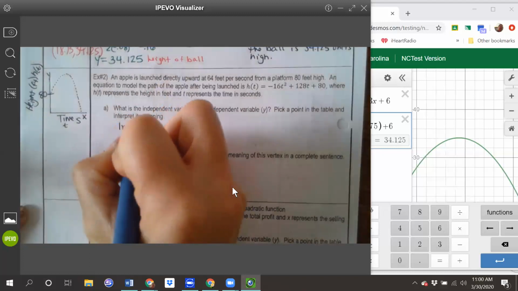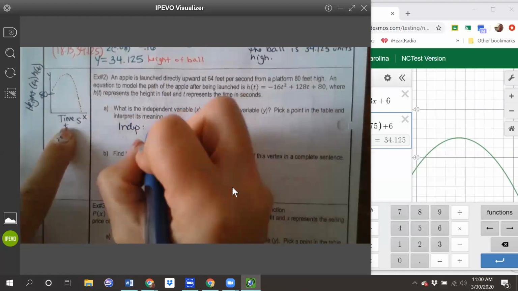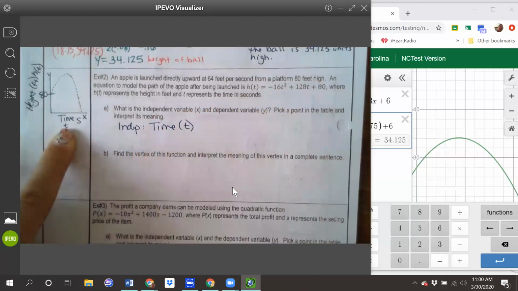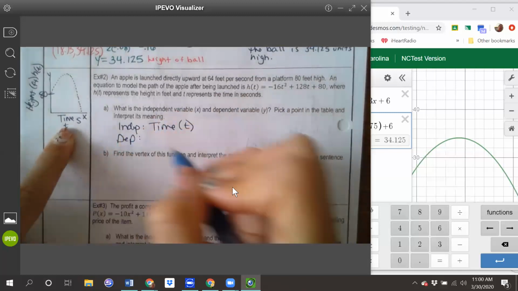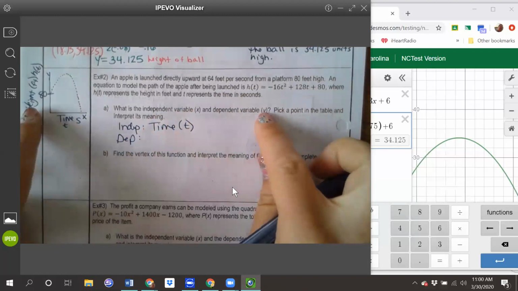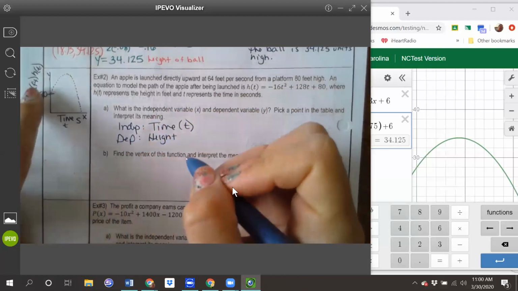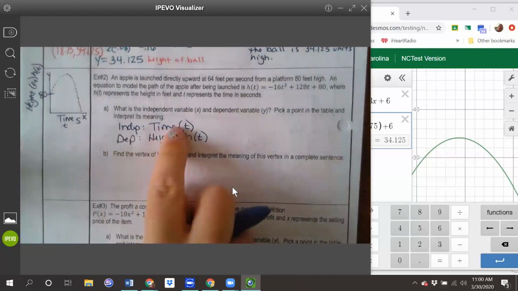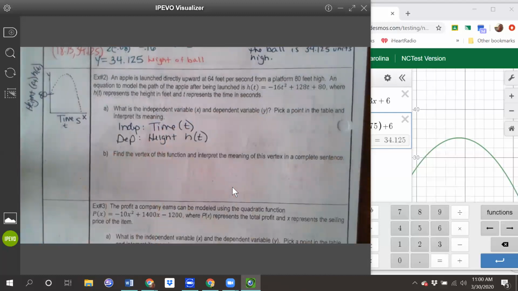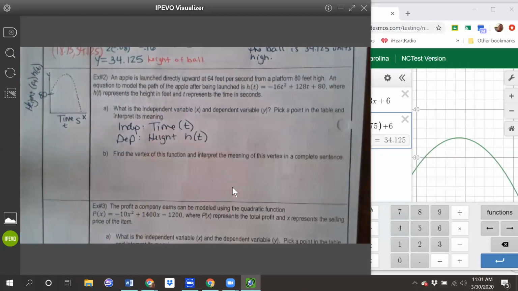So the independent variable, here's my x-axis, so that is t, that is time. And then the dependent variable, that's y. Y is over here, and y represents the height, which is h of t. So we've got our independent and our dependent variables and what they mean. Okay, so that's the time that has passed, and that is the height of the apple.